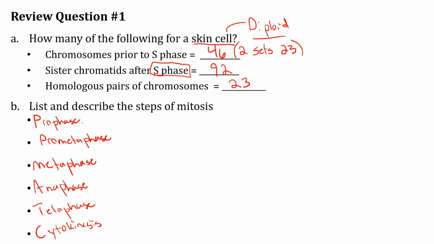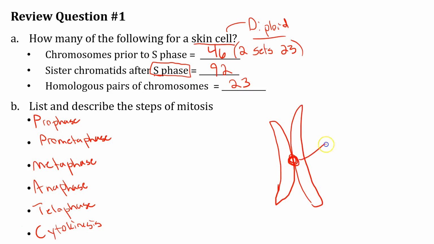In prometaphase, the big event that's happening is that spindle fibers are emerging and attaching to this region on the chromosome known as the kinetochore. The kinetochore is just kind of this sticky part of what's known as the centromere. And recall, when a chromosome duplicates in the S phase of interphase, it looks kind of like this. And the place that it's attached is called the centromere.